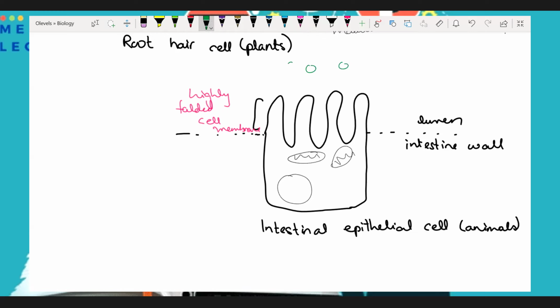Here we have the small digested food molecules, right? So you can see that this highly folded cell membrane is helping you in what?